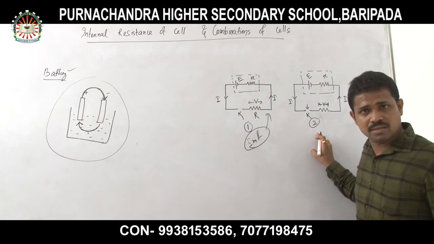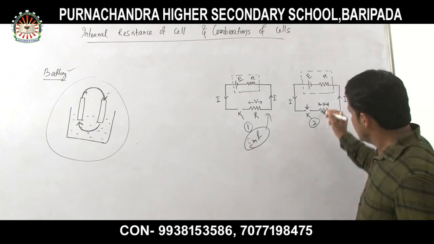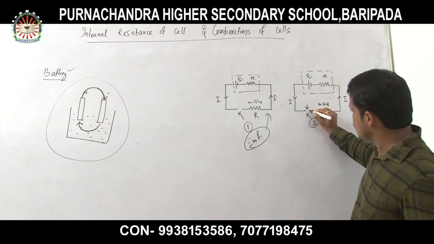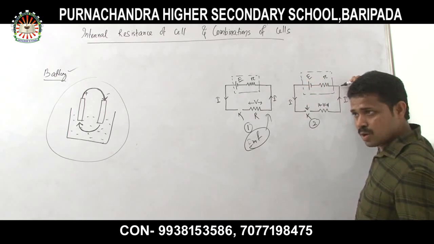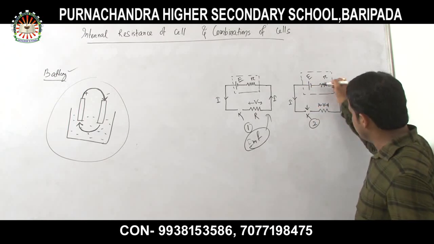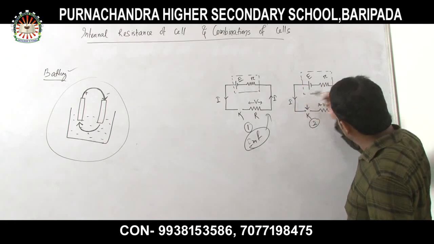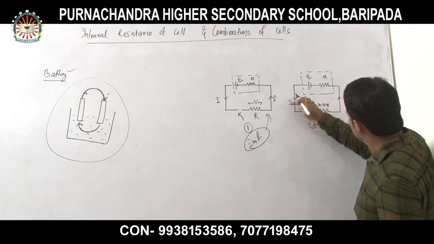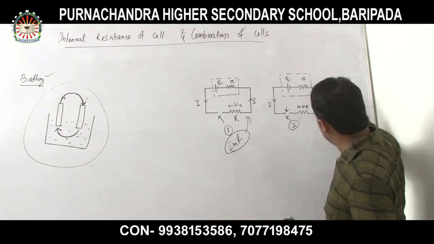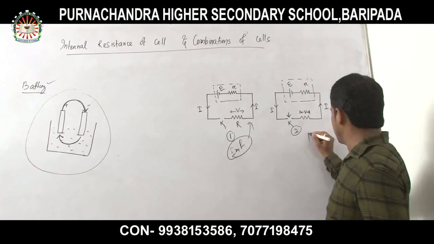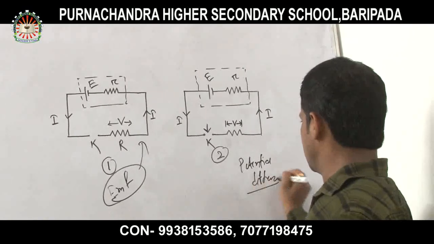But come to the second case. In the second case, the switch or the key is closed. If the key is closed, there is a flow of current in the circuit, and you can take any two points along this flow of current. If you measure the potential value there, that is your potential difference.